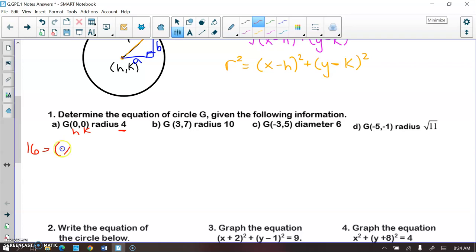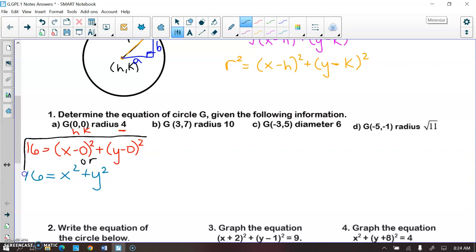So we wind up with an x minus 0 squared plus a y minus 0 squared. If we have a 0 in our center of our circle, it could also just be written as 16 is equal to x squared plus y squared. Either would be acceptable for this. But that would be our equation of our circle.